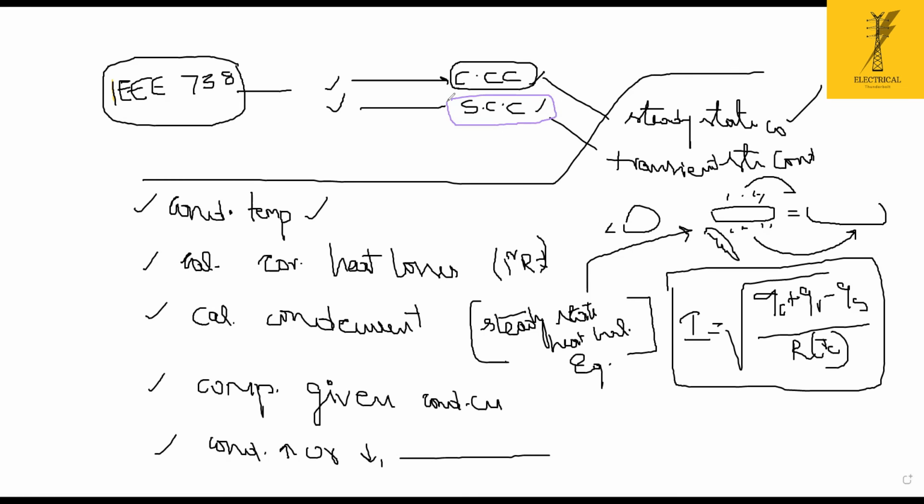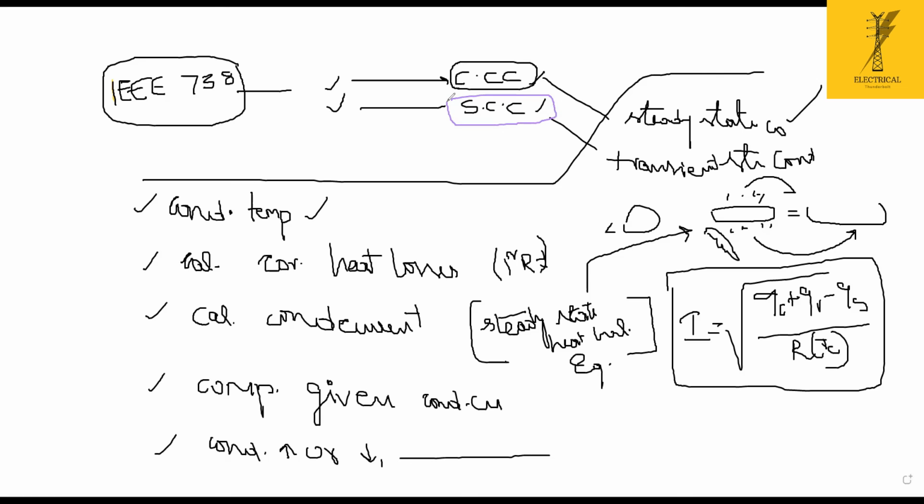All the equipment is designed for 40 or 31.5 kiloamps, whatever it may be. The conductor is also part of your substation, so you have to ensure it can withstand that short circuit current for some duration.